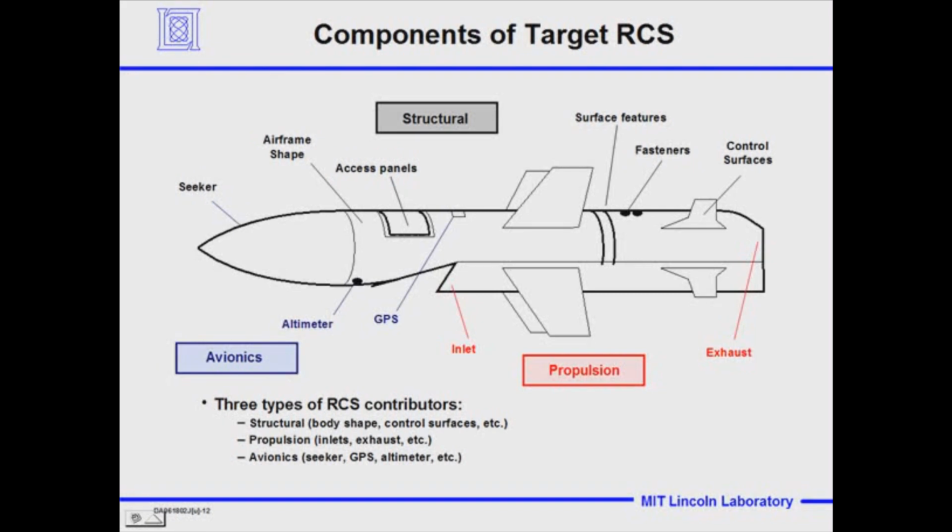But you've got this very complex object with all these things going on, and an electromagnetic wave interacts differently with all of these different body shapes, control surfaces, inlets, exhausts, seeker ports, and fasteners, and they all add up together and give you the sum total of the electromagnetic energy back.